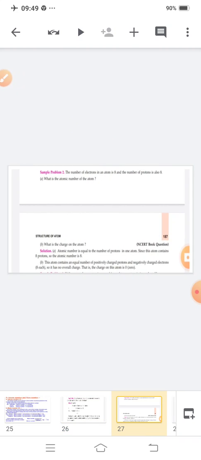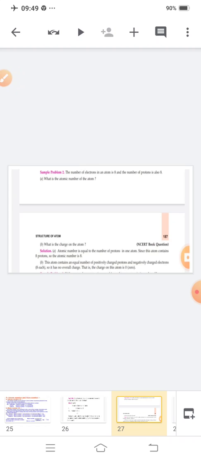Now the second one: the number of electrons in an atom is 8 and the number of protons is also 8. What is the atomic number? It is 8. Second, what is the charge of the atom?